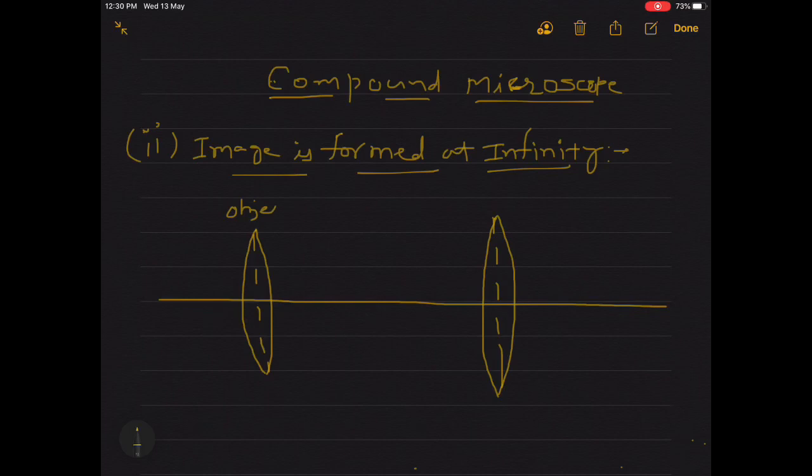So this time the image formed by object lens should be such that the image formed by eye lens lies at infinity, and we know very well it is possible only if the image formed by object lens is very close to the focus of eye lens.